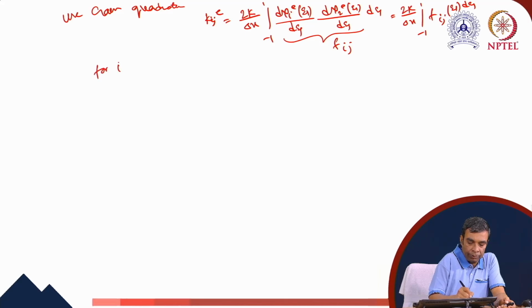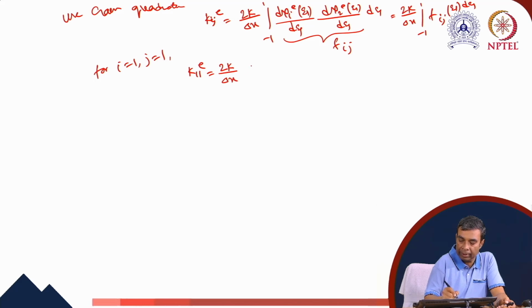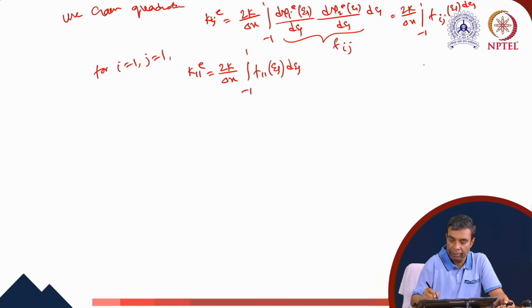For i equals 1 and j equals 1, our K11e is 2k by delta x times the integration from minus 1 to 1 of f11 d xi.